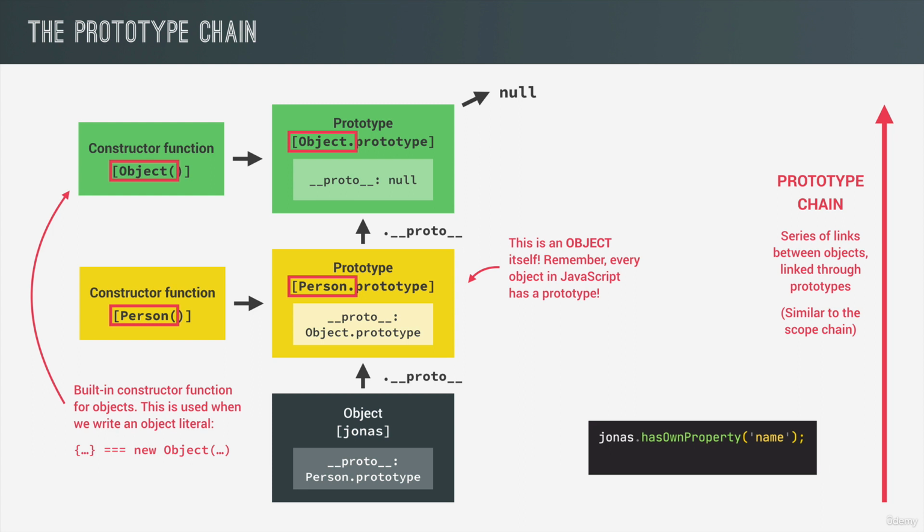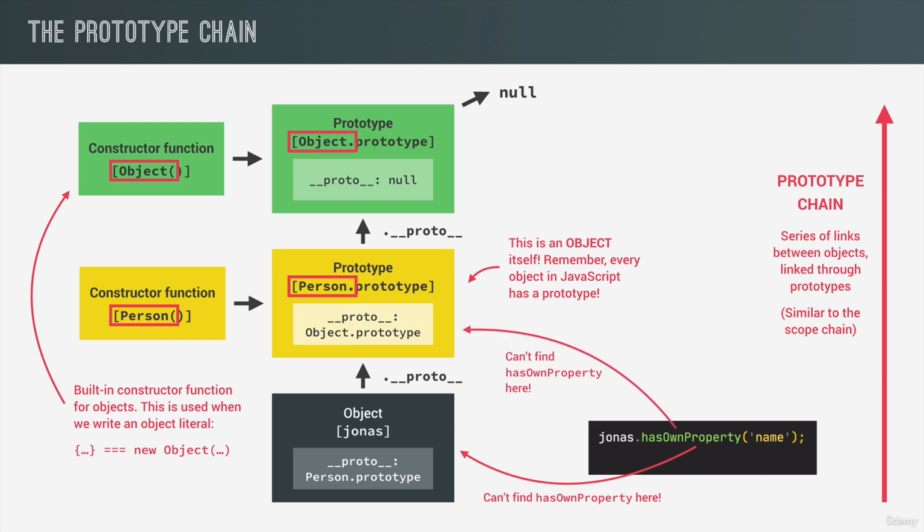So just like in the previous slide, JavaScript is going to start by trying to find the called method on the object itself. But of course, it can't find the hasOwnProperty method on Jonas. So according to how the prototype chain works, it will then look into its prototype, which is Person.prototype.